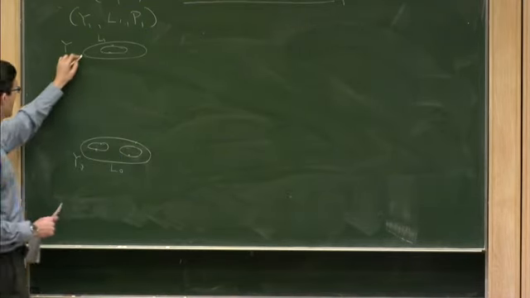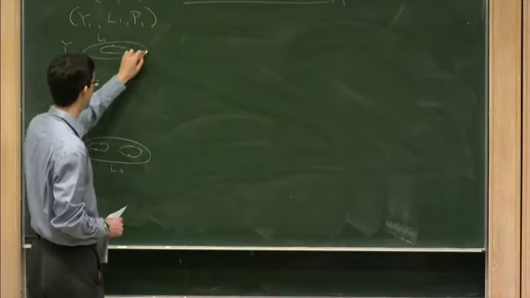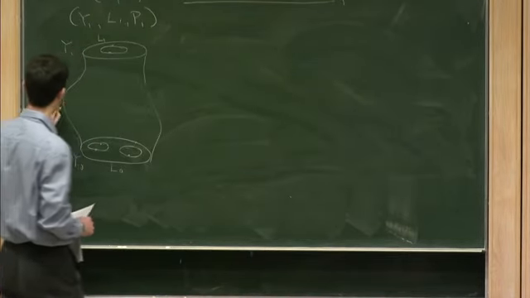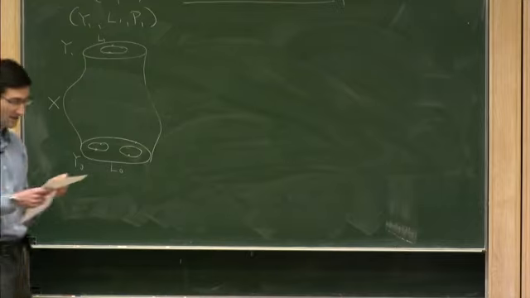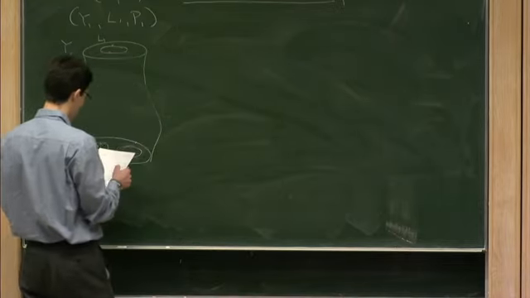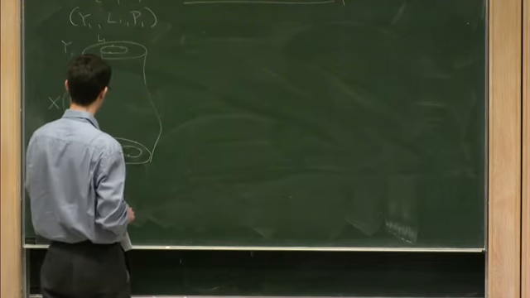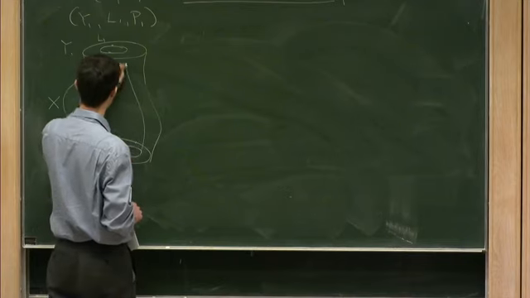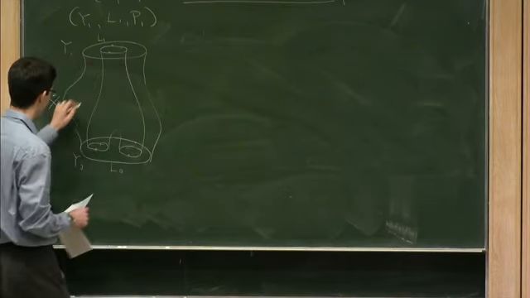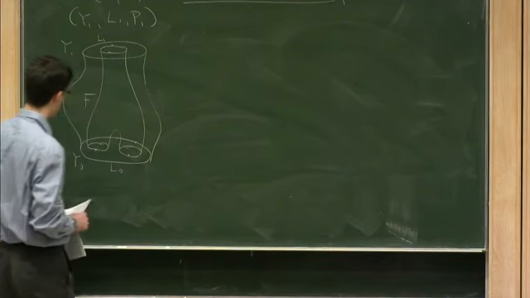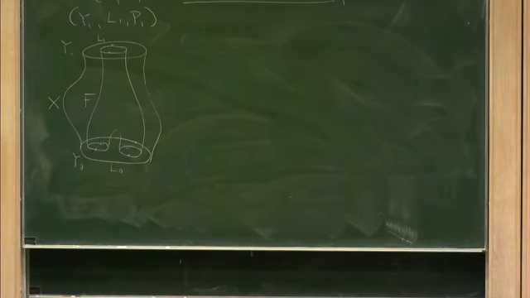And then I have a cobordism X between these two three-manifolds. It's an oriented cobordism. And inside I have some properly embedded oriented surface. That's a cobordism between L0 and L1. I denote this surface by F.